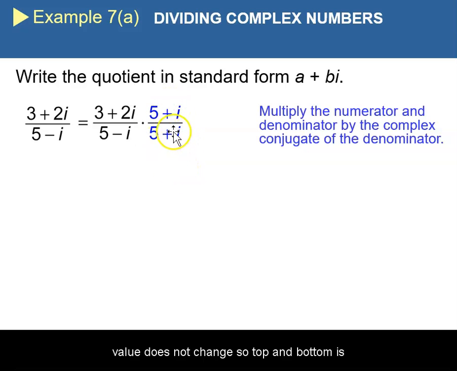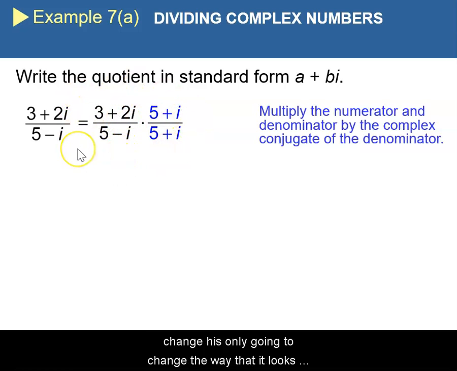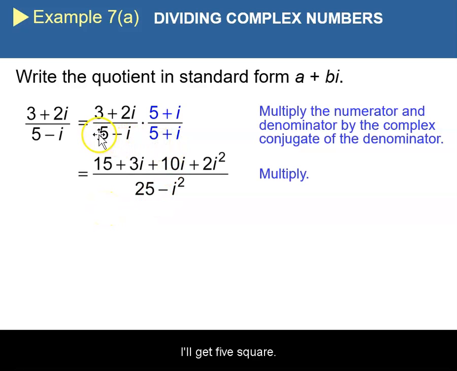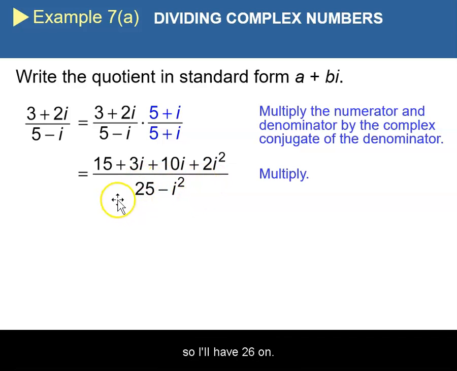Okay, so top and bottom is times 5 plus i, so that I can do my little rule that we had, and I'm multiplying it by 1 so the value is not going to change. It's only going to change the way that it looks, right? So when I actually multiply this out, I'll get 5 squared minus i squared, which is going to give me 25 plus 1, so I'll have 26 on the bottom.